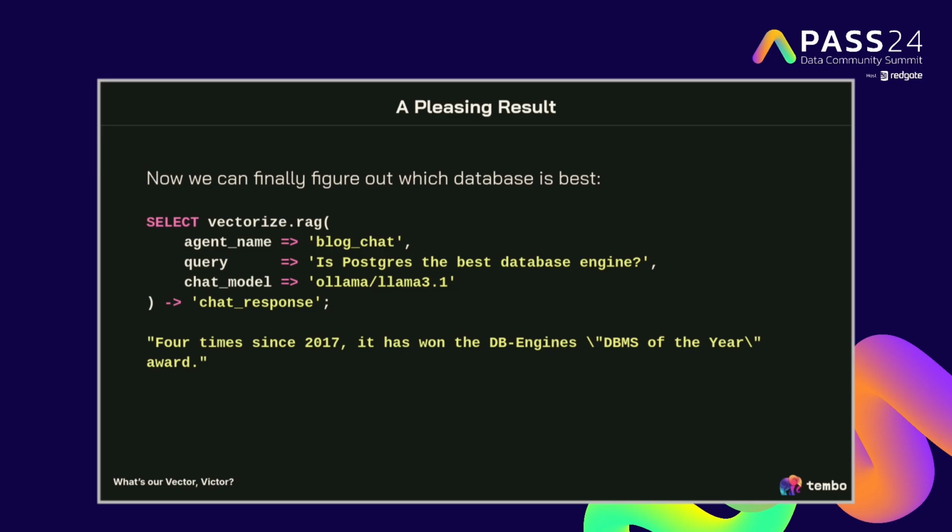That particular article was one where I was talking about how popular Postgres was and how awesome it was, yada, yada. And that was in there. So one of the top 3 results in that particular search was Postgres is awesome. It's won a whole bunch of awards. Here's an example of it.